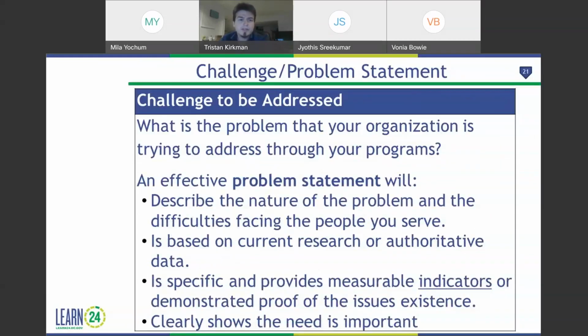Next, we'll narrow down that specific challenge in the target population. An effective problem statement will describe the nature of the problem and the difficulties facing the people you serve. It's based on current research or authoritative data, is specific and provides measurable indicators or demonstrated proof of the issue's existence, and clearly shows that the need is important.